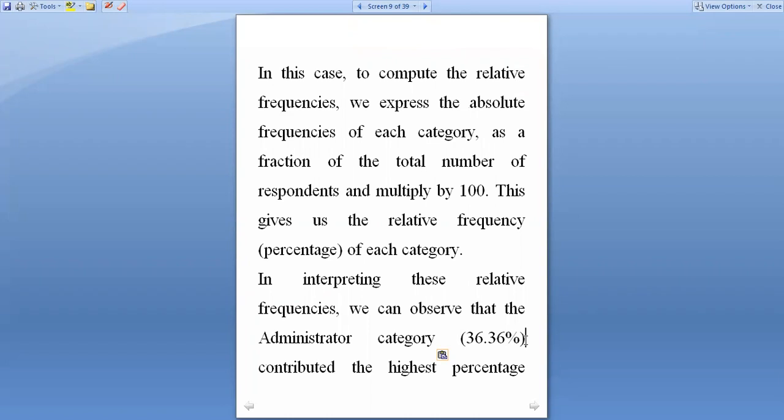If you want, in our case, you can also add the common staff category.